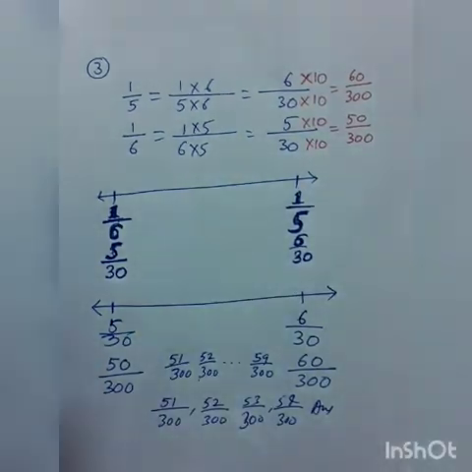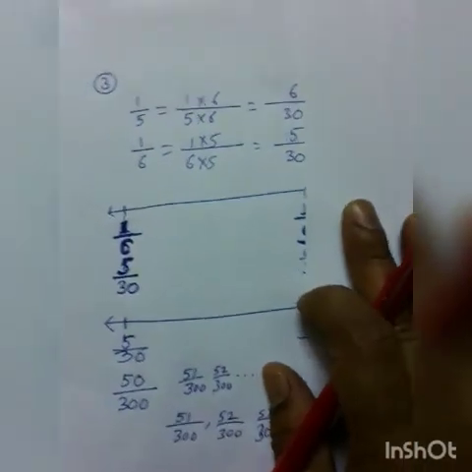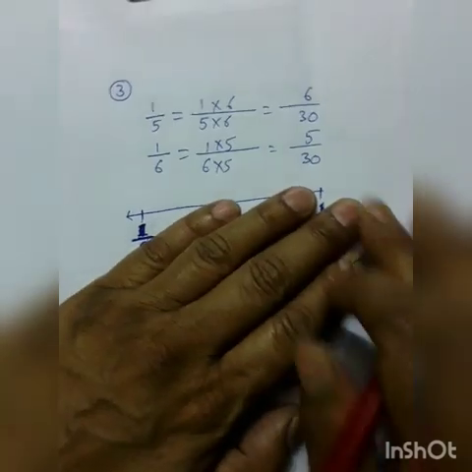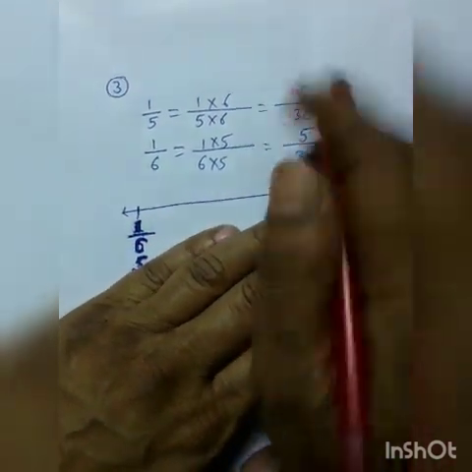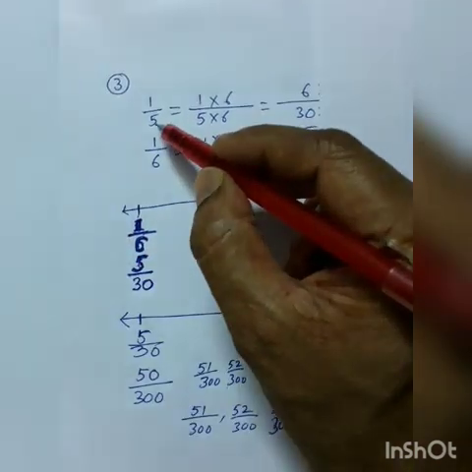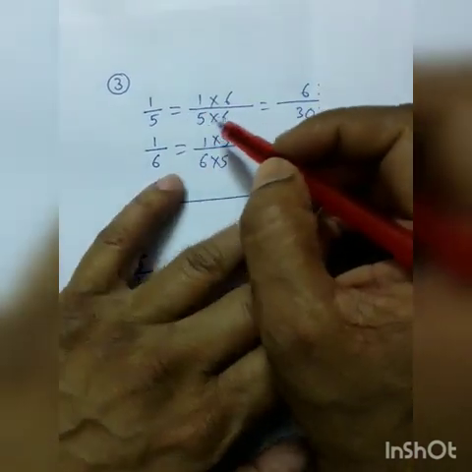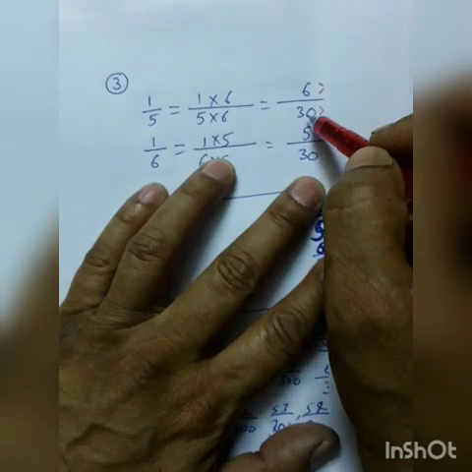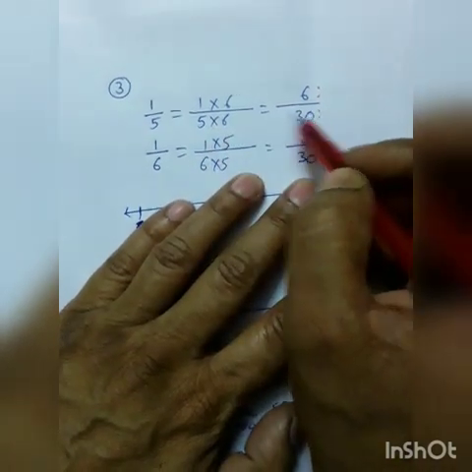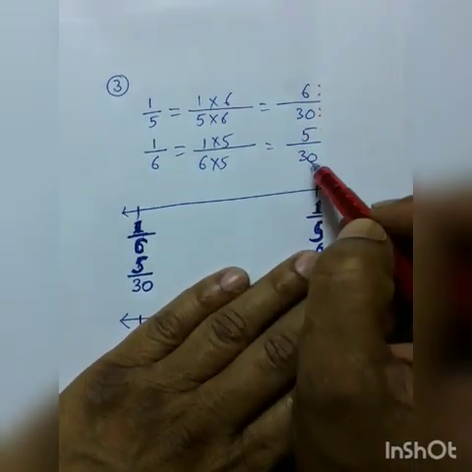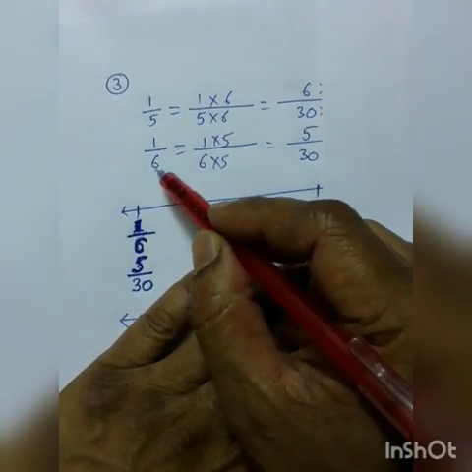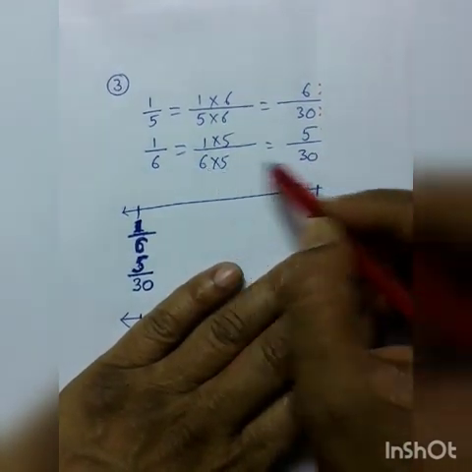30 here. So this is 5 and you have to write here 30. So how to get 30? 5 into 6 is equal to 30. And here 30 and this is 6. 6 has to be converted into 30.